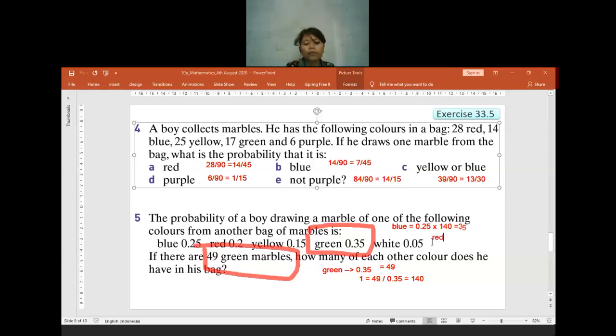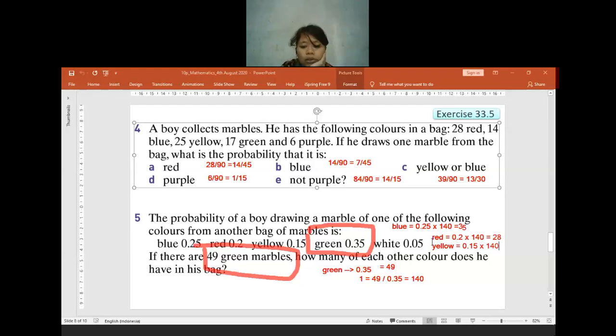How many will it be for the red? 0.2 times 140. It will be 28 marbles. For the yellow, how many are there? Yellow is 0.15 times 140.